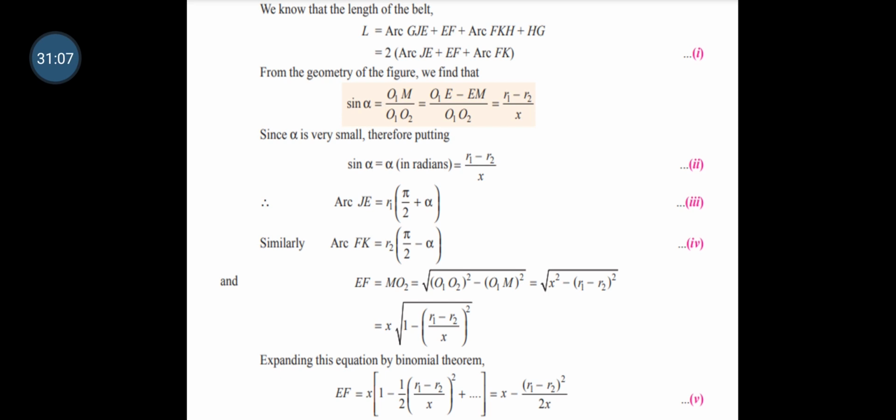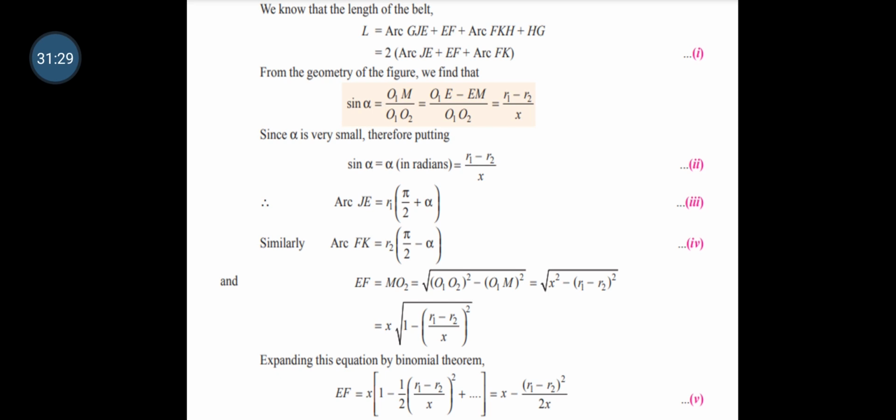Arc JE is equal to R1 into pi by 2 plus alpha. Now solving these equations, we get EF is equal to the square root of X squared minus R1 minus R2 the whole squared, which is approximately X minus R1 minus R2 the whole square divided by 2X.